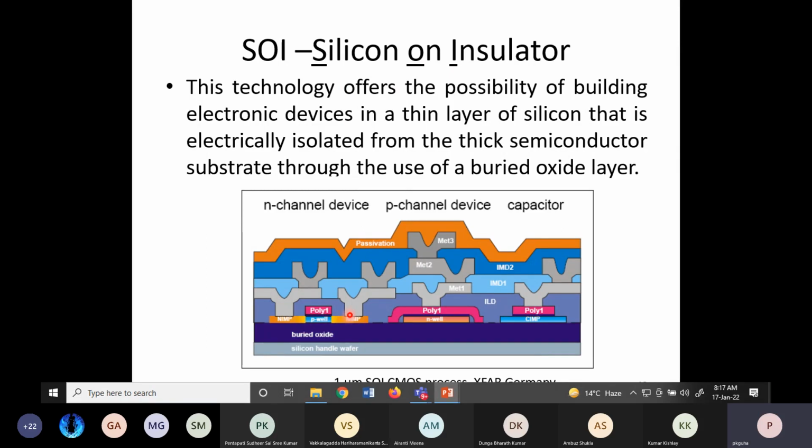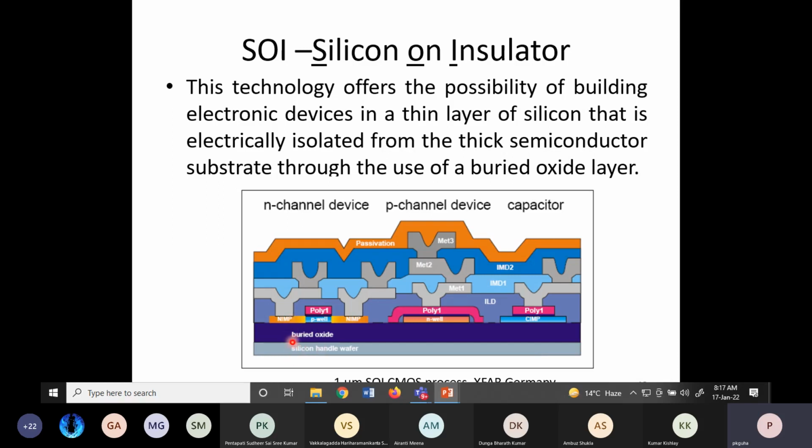One of the advantages is that the capacitance associated with source and substrate, and drain and substrate can be reduced drastically, because now there is additional buried oxide, and the capacitance is between source and, through buried oxide, this handle silicon wafer.